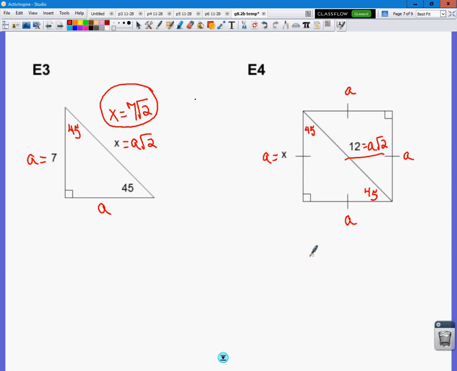There's my algebraic equation. A square roots of 2 is equal to 12. I'm going to divide both sides then by the square root of 2. Can't leave a square root in the denominator. We have to rationalize it.